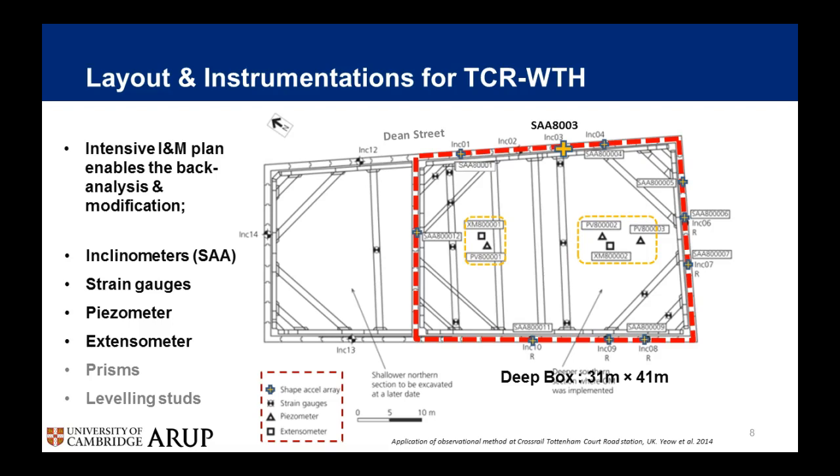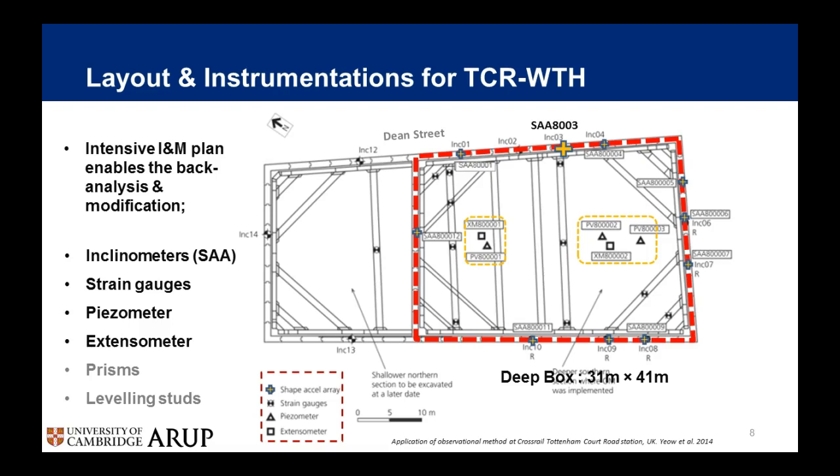It also has vibrating wire strain gauges installed on the temporary props to monitor the temporary prop force. Also, piezometers and extensometers were installed inside the excavation box to monitor the change of the pore pressure and vertical movement of the ground surface during the excavation.